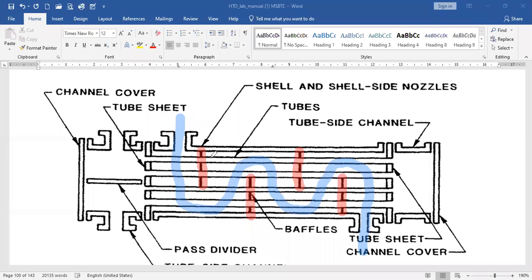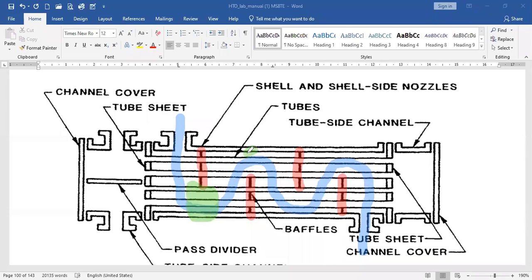or they are also called 25% cut segmental baffles. So why are they called 25% cut or 75%? Because in the two-dimensional view the baffle looks like a rod, but actually it is a circular plate, and 25% of this circular plate is cut.